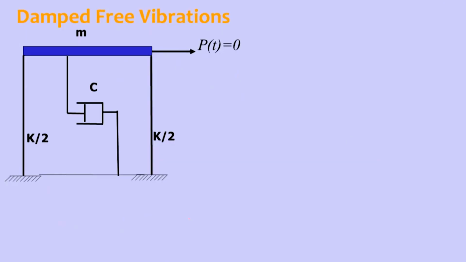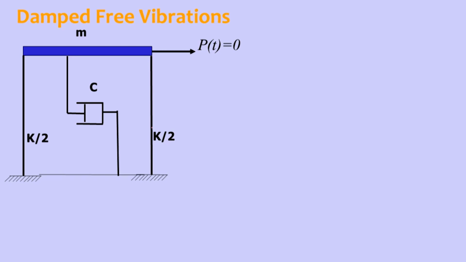This is the general diagram of vibration of a single degree of freedom system. The blue slab represents the mass m, and the columns are treated as massless but act as resisting elements, providing deformation resistance.